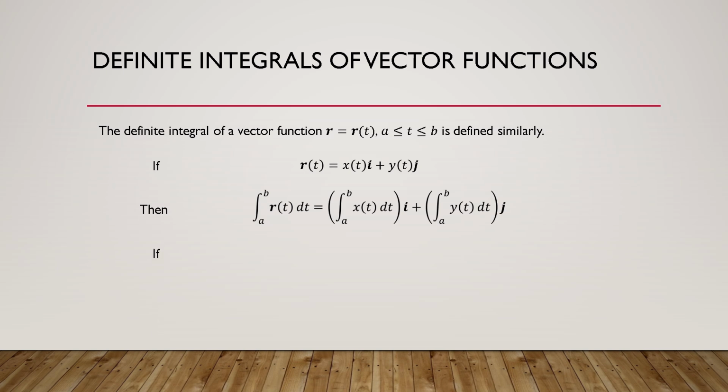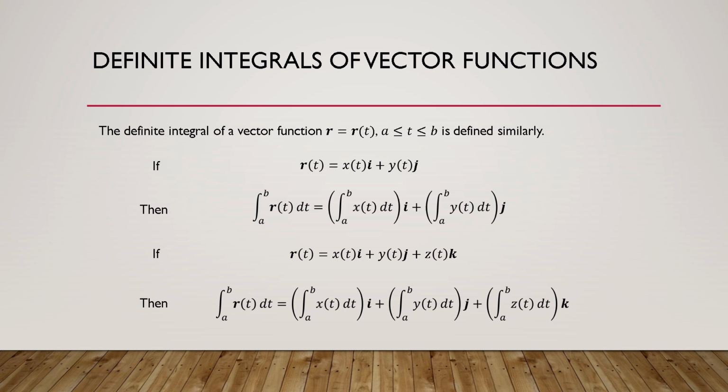If r of t is a vector in space and equals x of t i plus y of t j plus z of t k, then the integral from a to b of r of t dt equals the integral from a to b of x of t dt i plus the integral from a to b of y of t dt j plus the integral from a to b of z of t dt k.